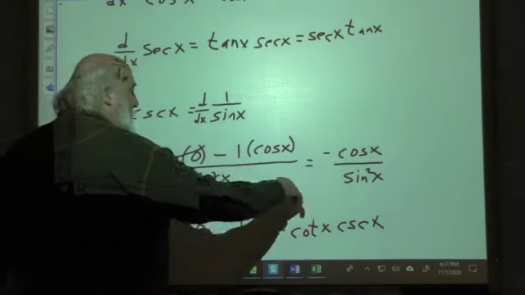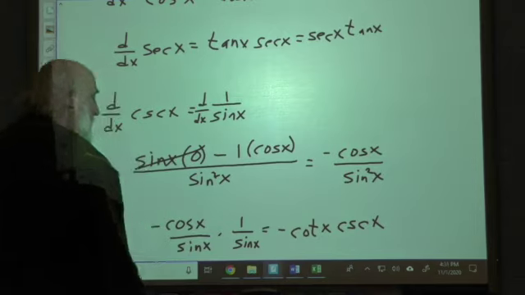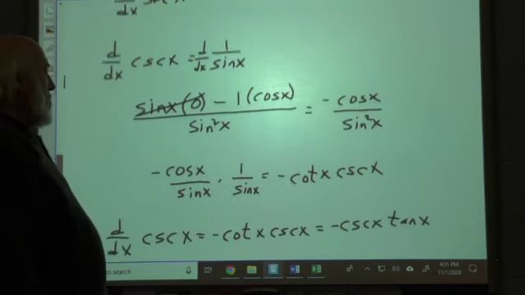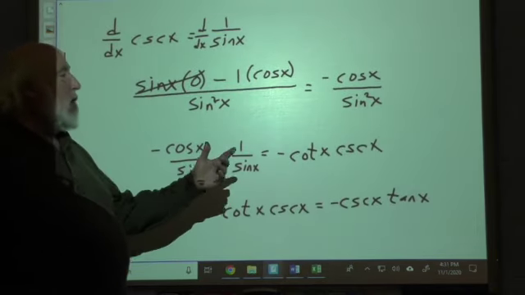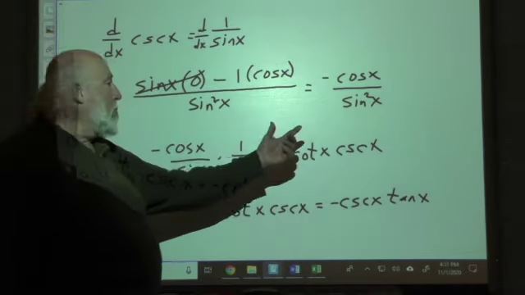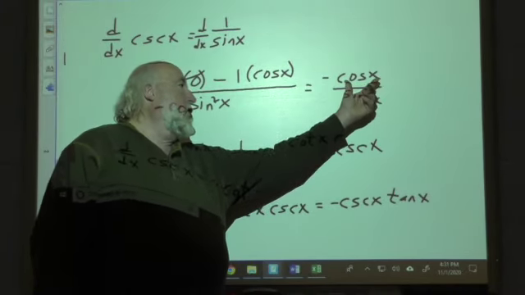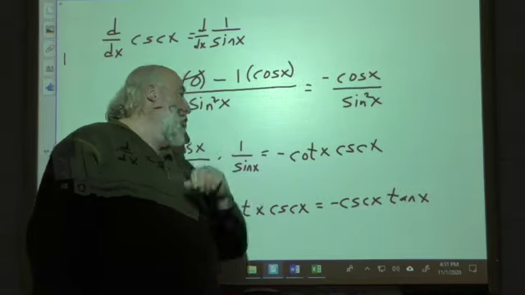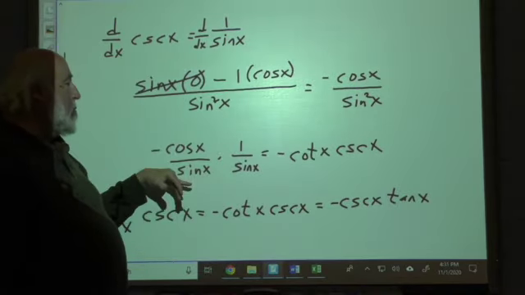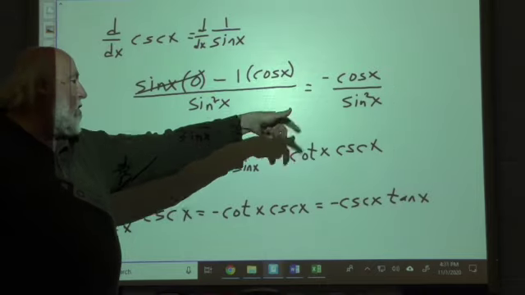Well, this is negative cosine x over sine squared x. And we do the same little trickery that we did with the previous one, and that is by separating this into sine x times sine x, and have negative cosine x times 1, and it gives you two fractions multiplied together to give you that value there.